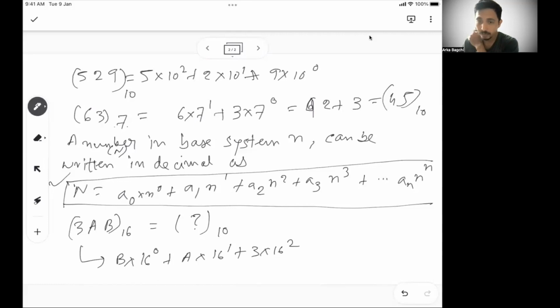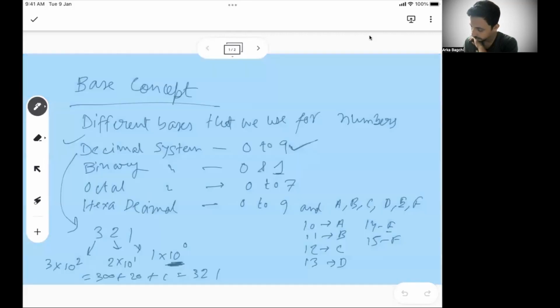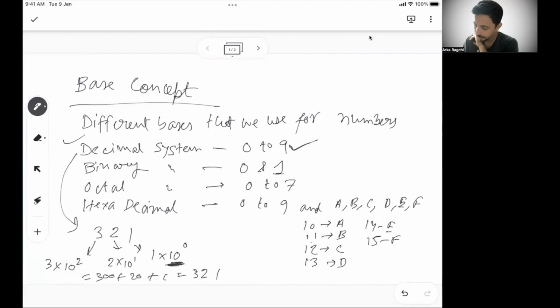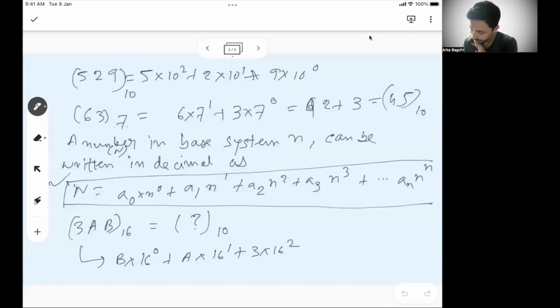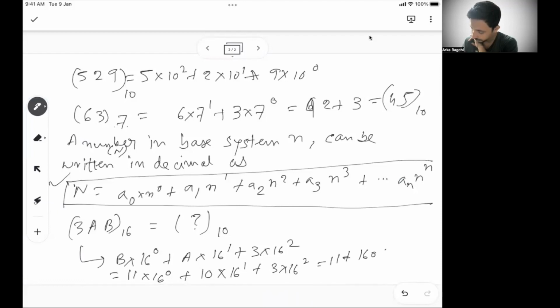Now, if I go back, what is my B? B is 11 and A is 10. So I can write this as 11 into 16 to the power 0, 10 into 16 to the power 1 plus 3 into 16 square. I can write this as 11 plus 160 plus 256 into 3, 768. Okay, 768 plus 171.